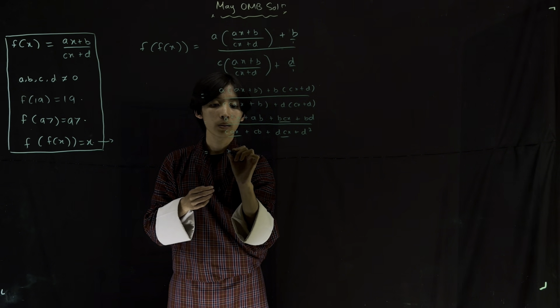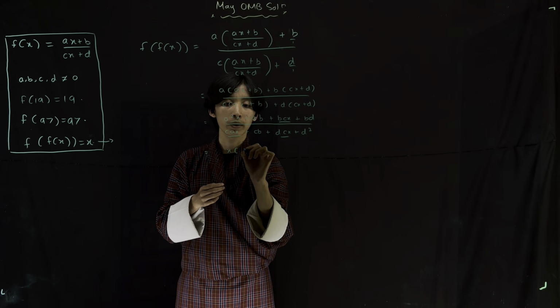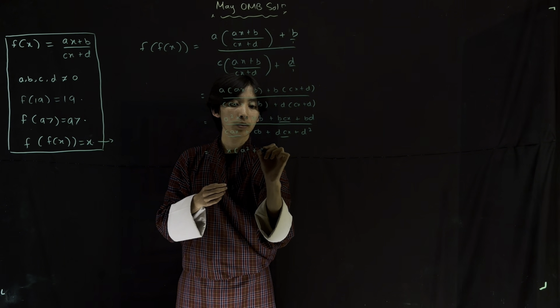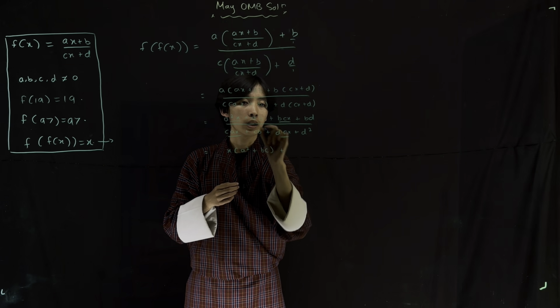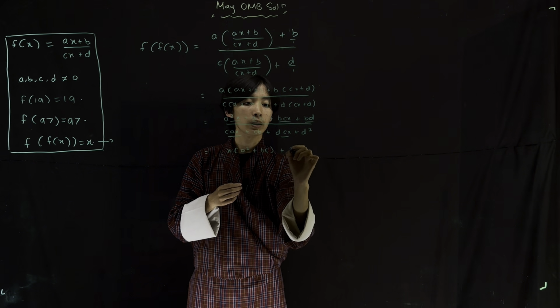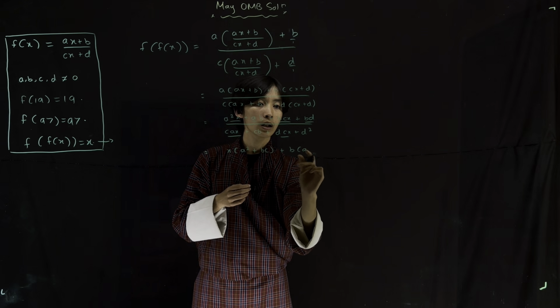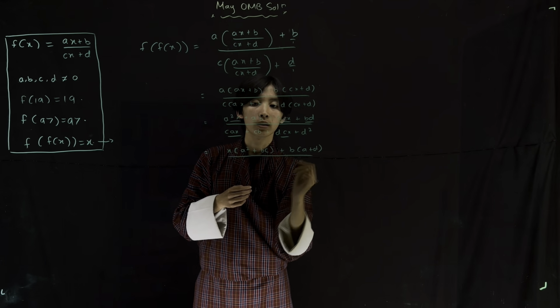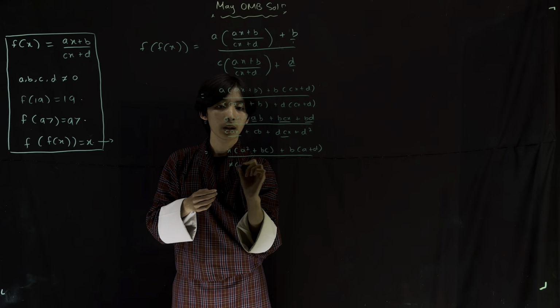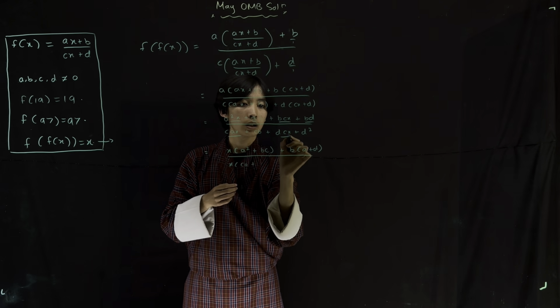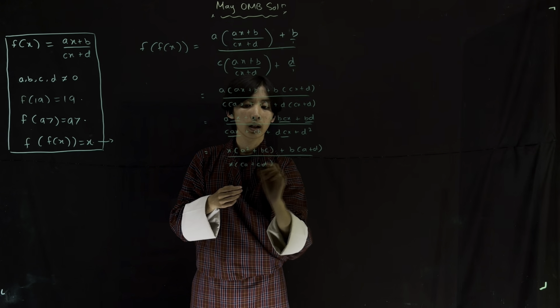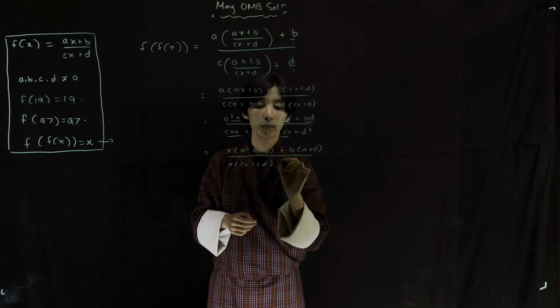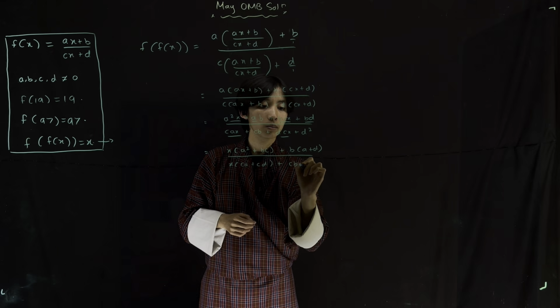So what we can do is make x common here, so we get a squared plus bc times x plus, and in this case we can see that b is common, so we can write it as b times (a plus d). And in case of the denominator, we have x times (ca plus cd), taking x as common here, and then we have cb plus d squared.